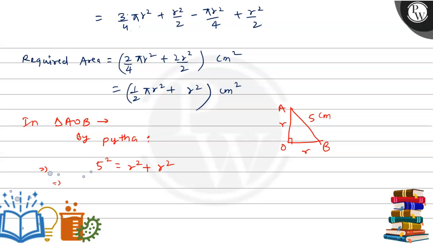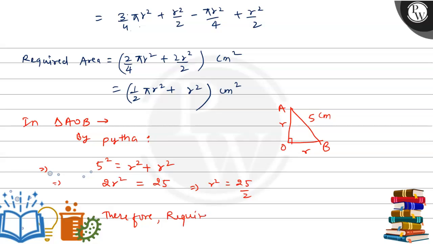So it will be 2r square is equal to 25, or we can say r square is equal to 25 by 2, right? We got the value of r square, so we can put the value of r square here.